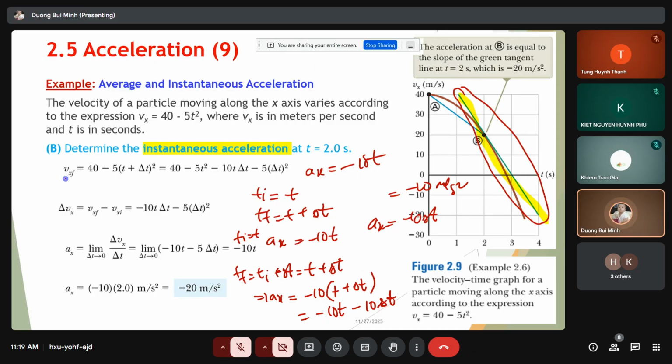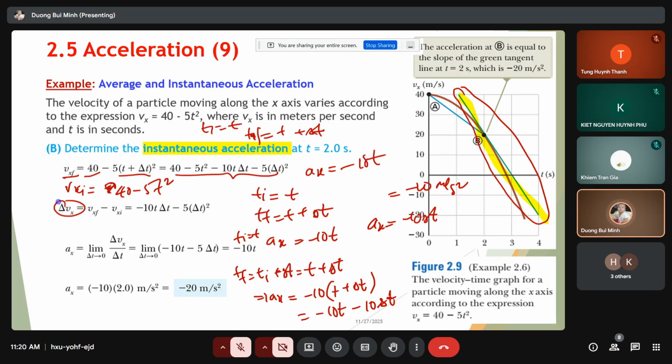So we can calculate Vxf and Vxi. Because Ti is t and Tf is t plus delta t, Vxf is 4 times t plus delta t minus 5 times t plus delta t squared. Vxi is 4t minus 5t squared.